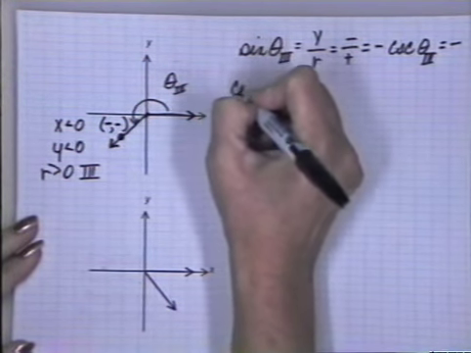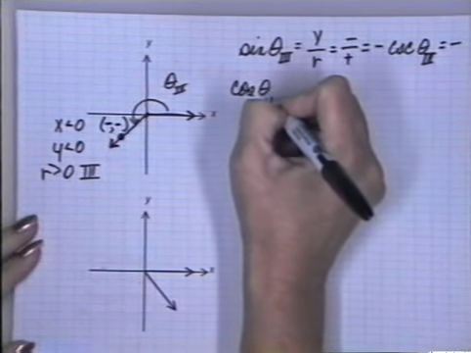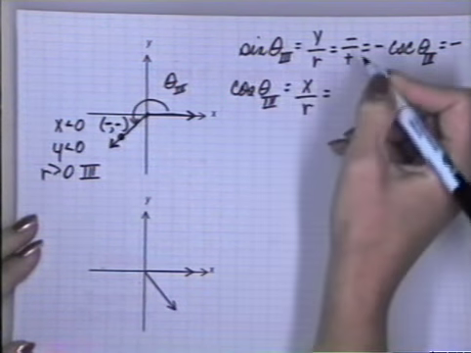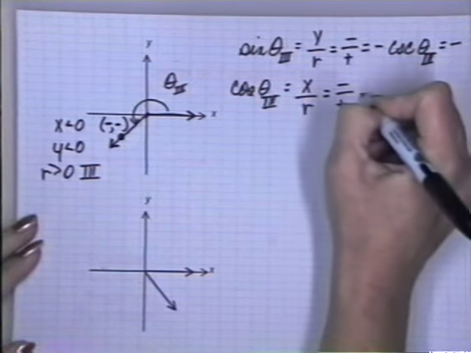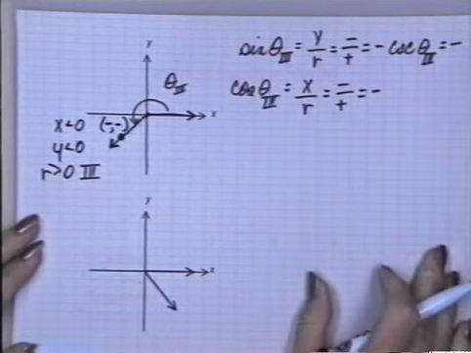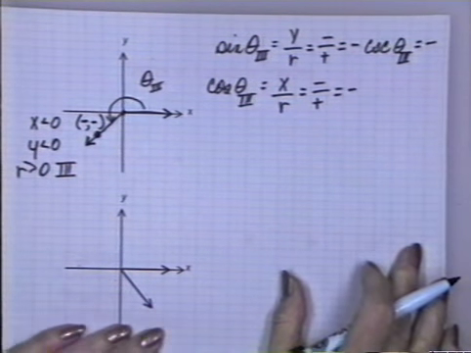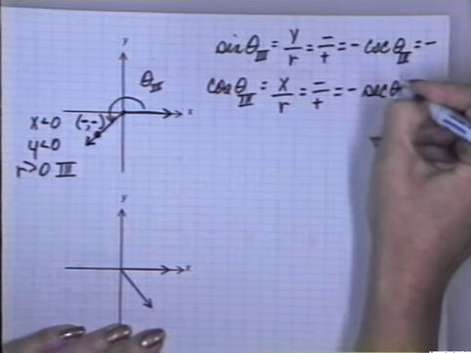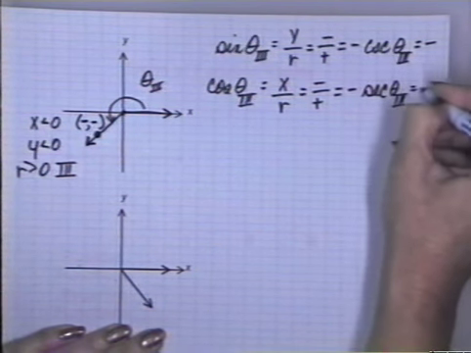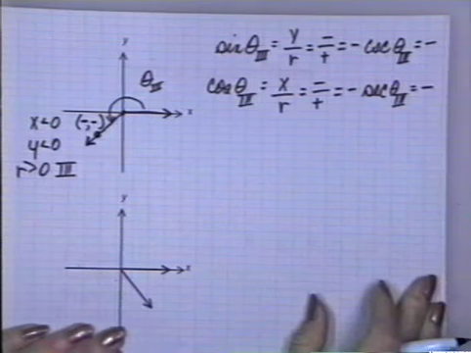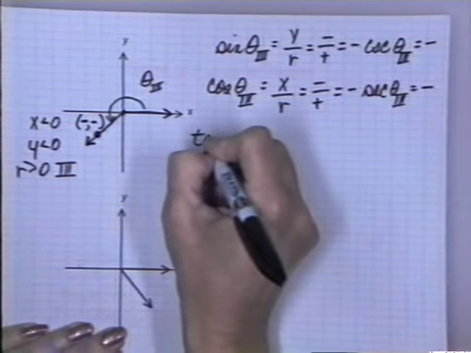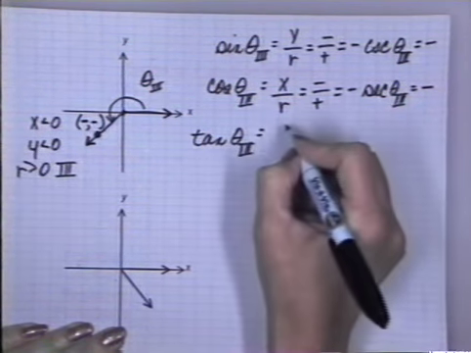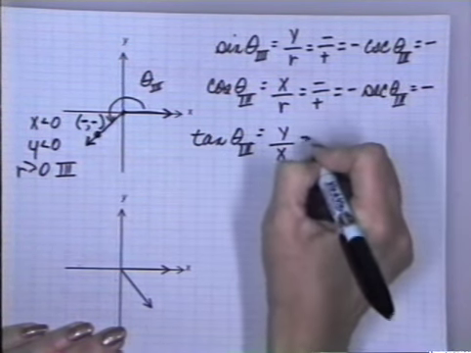For my cosine of my third quadrant angle, x divided by r, my x is negative, my r is positive, so I will also get a negative value, and its reciprocal will be negative.